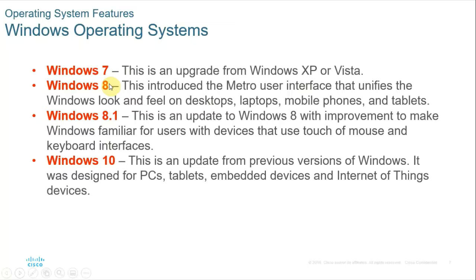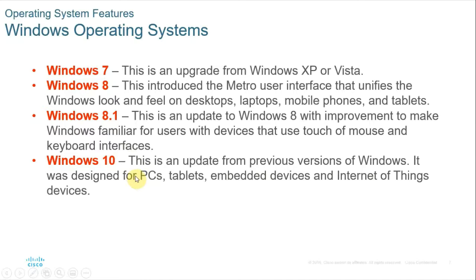Then we introduced the tile concept, which looks very good on desktop, laptop, and mobile devices, with Windows 8, and then some advanced features in 8.1, and then we are now in Windows 10. This is an update from previous versions of Windows like 8.1. It is designed for PCs, tablets, embedded devices, and Internet of Things devices.